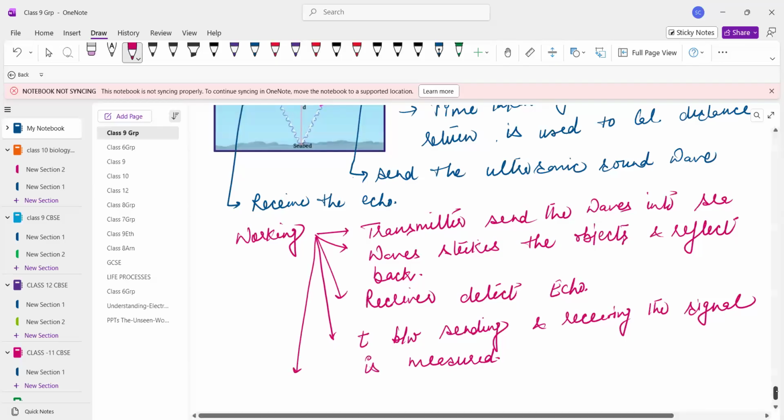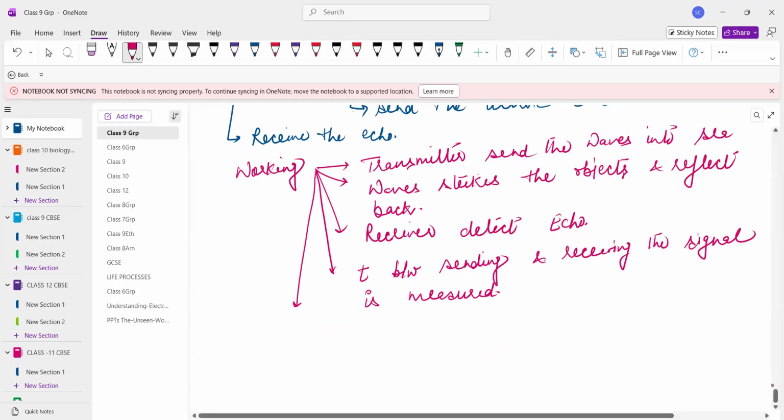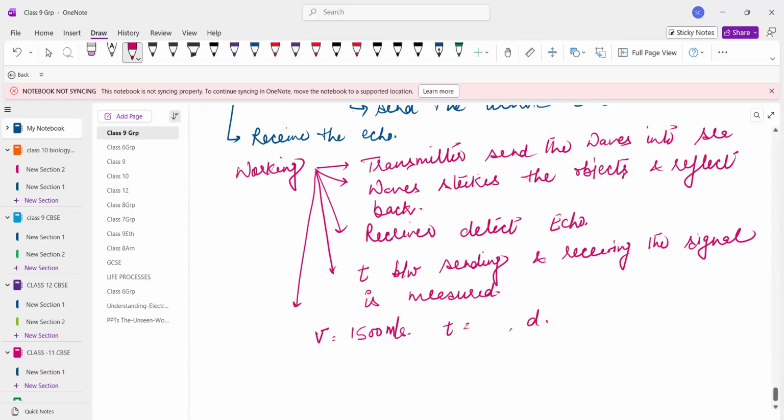Now, what do we do with this time? We use the formula. We know the speed of sound in water, that is V, 1500 meters per second. The total time taken in sending and receiving the signal is our T. We can find the distance from these two things.